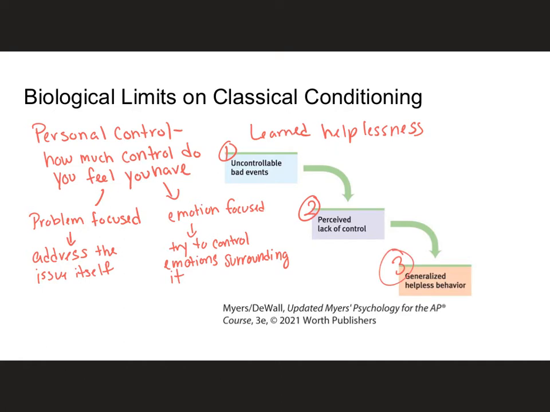We've done studies with dogs on learned helplessness, but what we have found in both dogs and humans is when they are in a traumatic event where they don't have control, they learn to feel helpless.